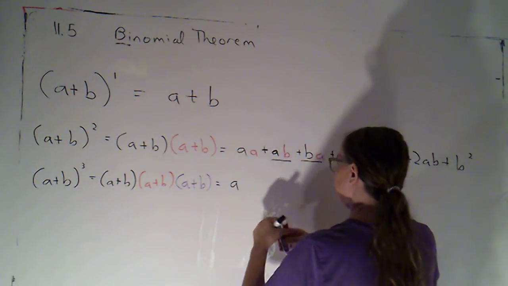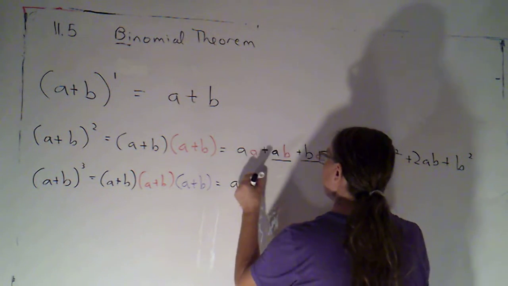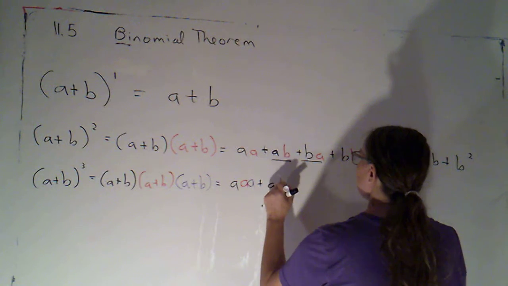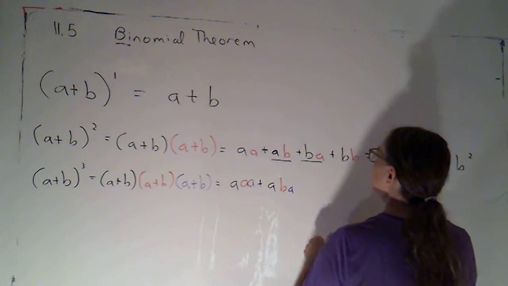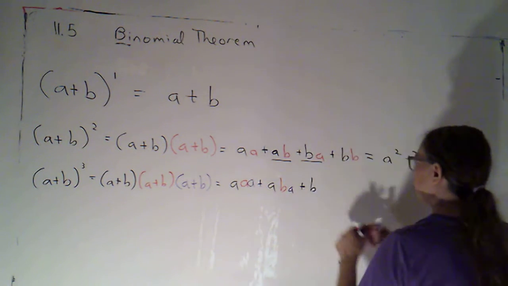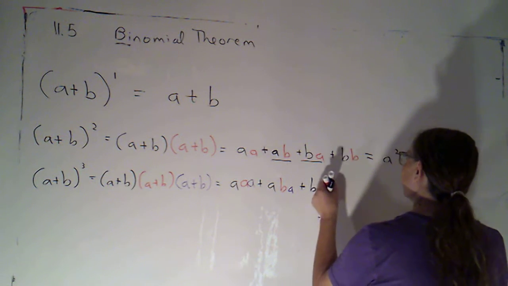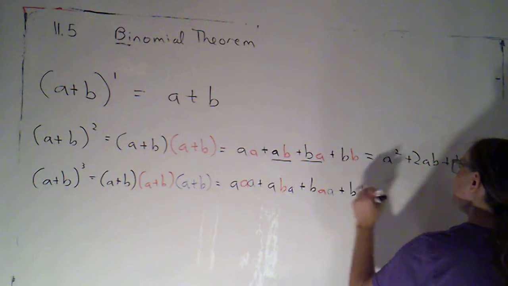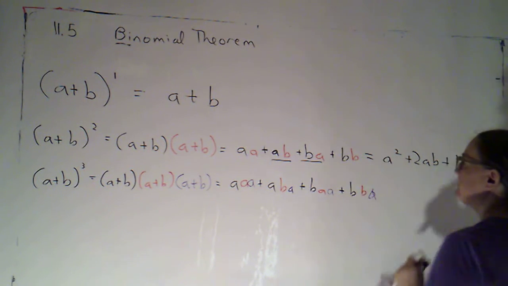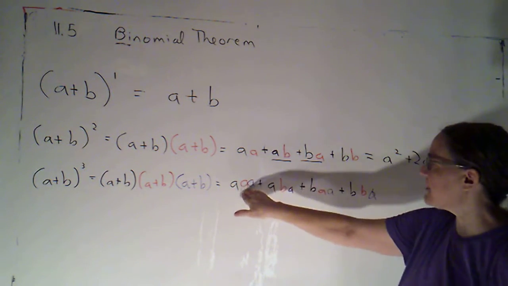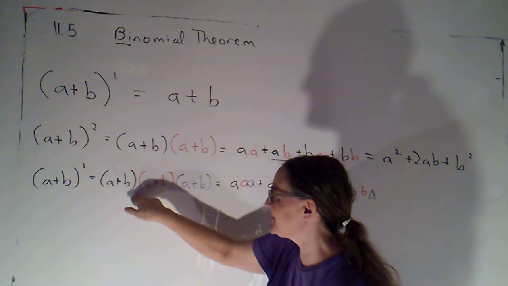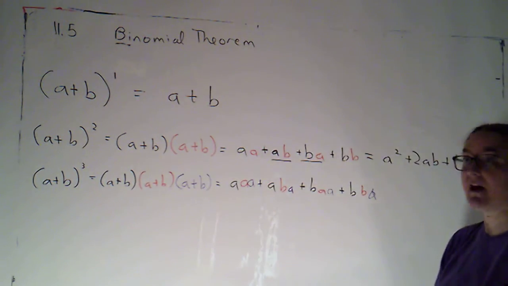So I'm going to have black a, red a, purple a, plus black a, red b, purple a, plus black b, red a, purple a, plus black b, red b, purple a. So these four terms are what I get when I distribute the a to this product, where this product I've got written in the line above.